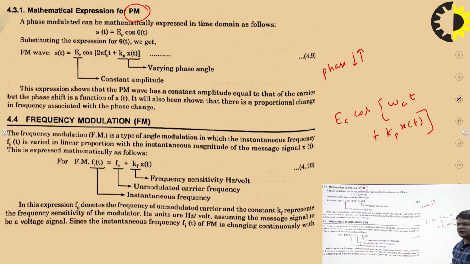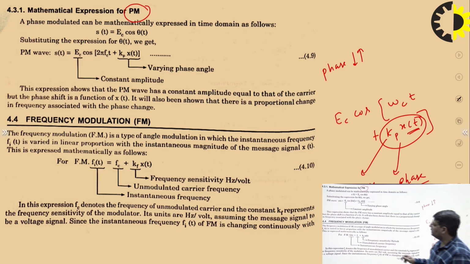That is, this phase angle is changed according to the message signal x(t), where kp is the phase sensitivity, that is, varying of the phase rate along with the amplitude.